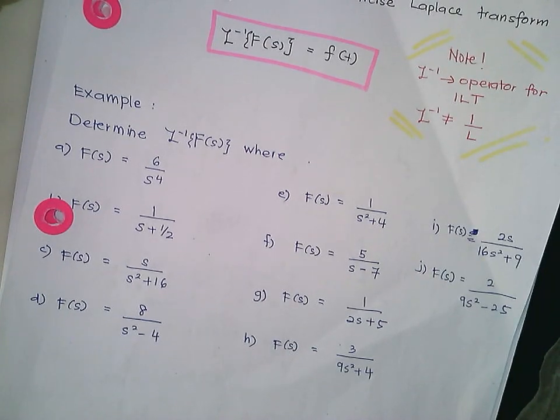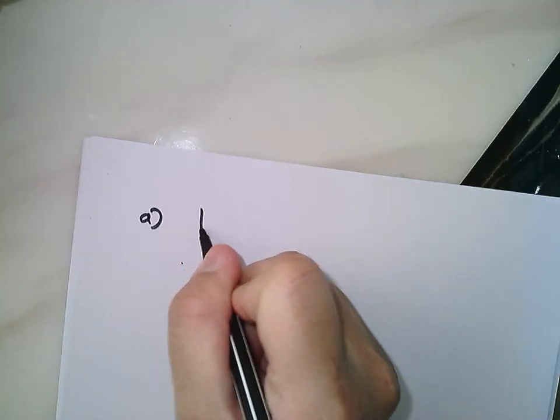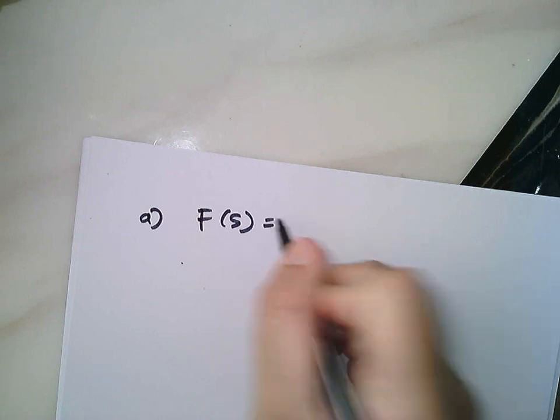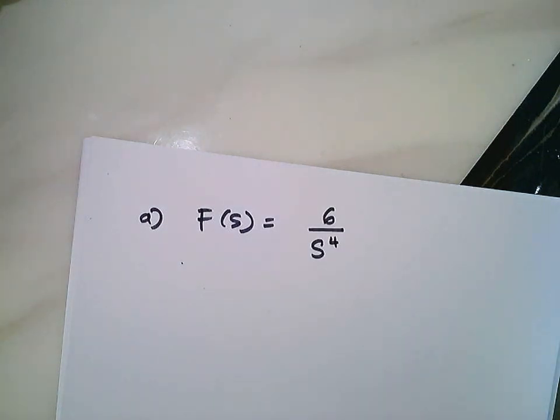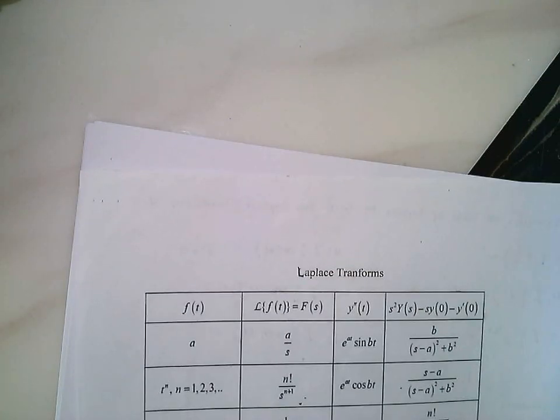Okay, so let's start with the first function. If your F(s) is equal to 6 over s to the power of 4. Okay, so now take a look at this table of Laplace transform.